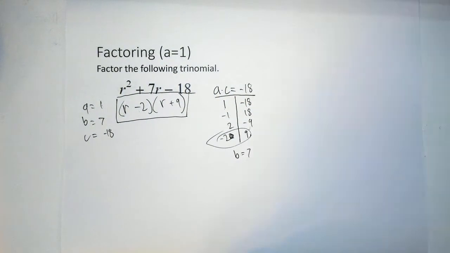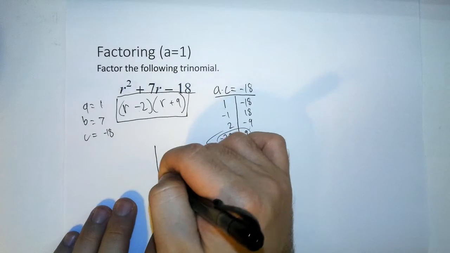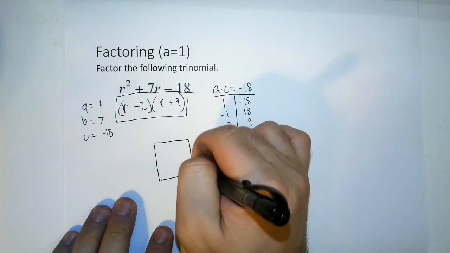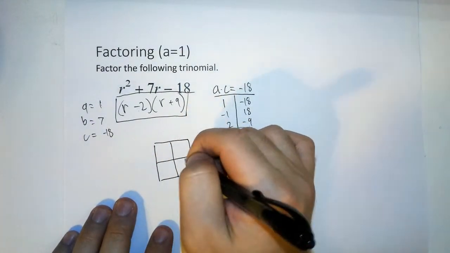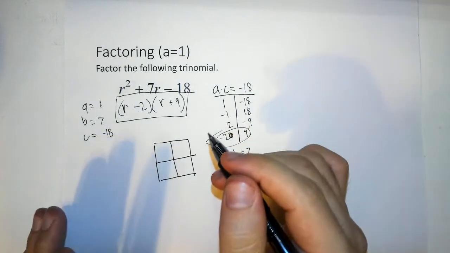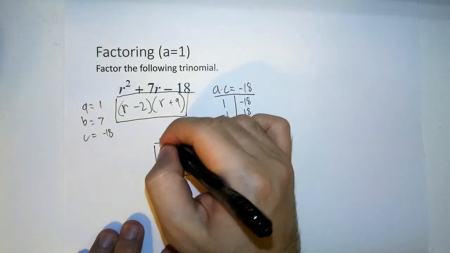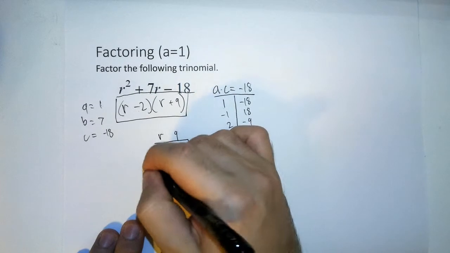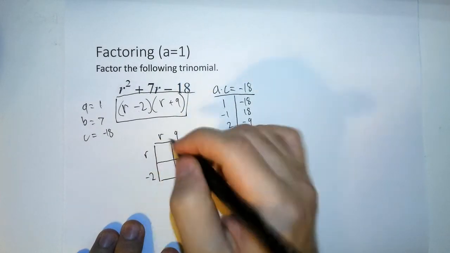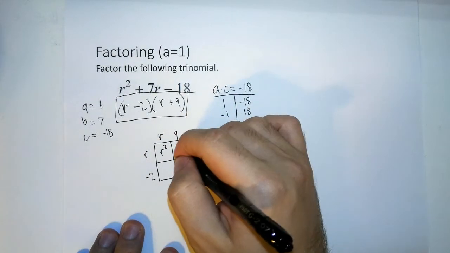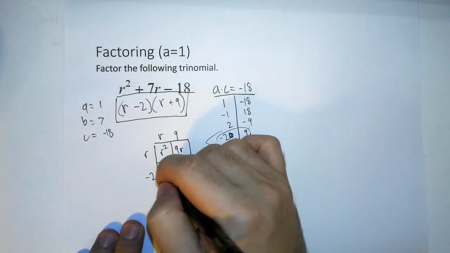Okay? If you want to prove this works, that's great. Just do yourself a favor. Don't use FOIL method. Be kind to yourself. Treat yourself. Use the box method. You got a lot of space on the paper. No reason not to. We go ahead and we prove that it works.